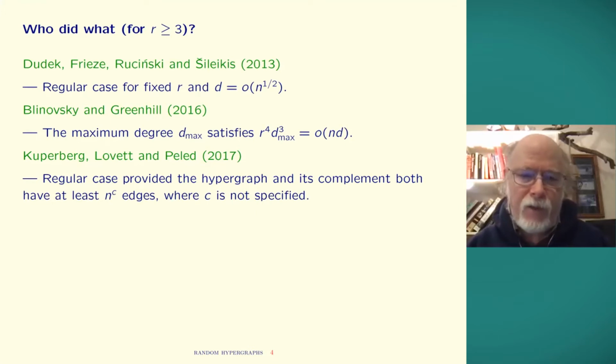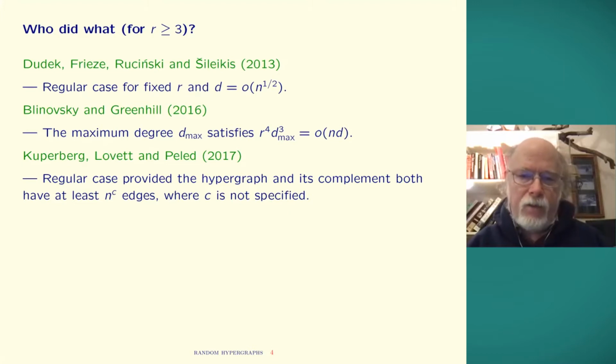A random one is extremely unlikely to be regular. But they did the regular case providing the hypergraph and its complement each have at least n to the c edges. And all they said was that there is some constant c, and they didn't tell us how to find it or what it is.